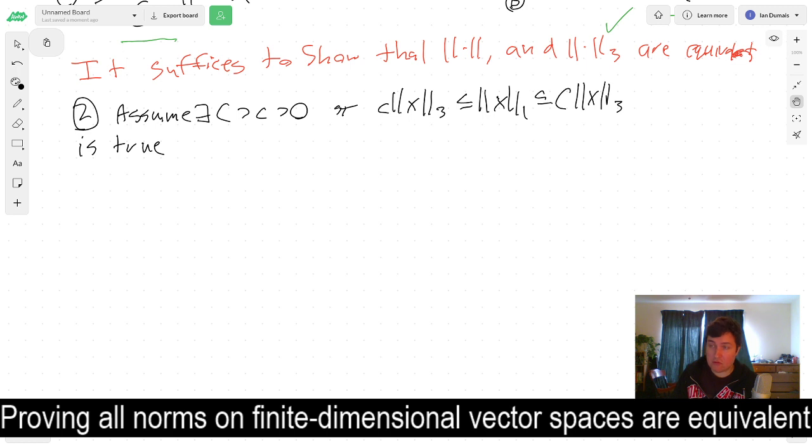So we're going to assume that this is true when the length of x in norm 3 is 1. And we're going to show it is true for all x.